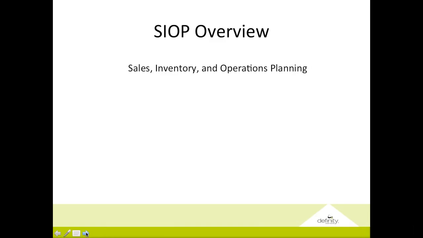So as we look at the traditional definition of SIOP, I mentioned it's Sales, Inventory, and Operations Planning. Many of you listening may have heard this alternatively called just Sales and Operations Planning. This is not a new concept. It's been around for many, many years.